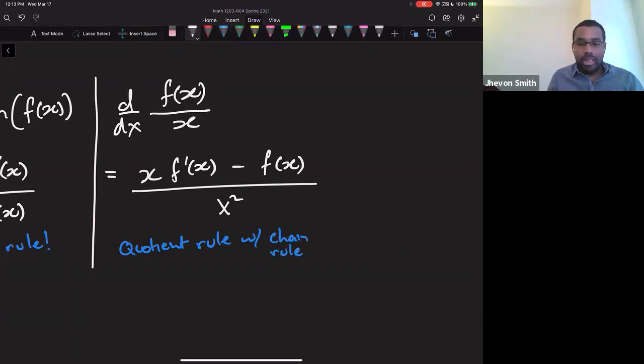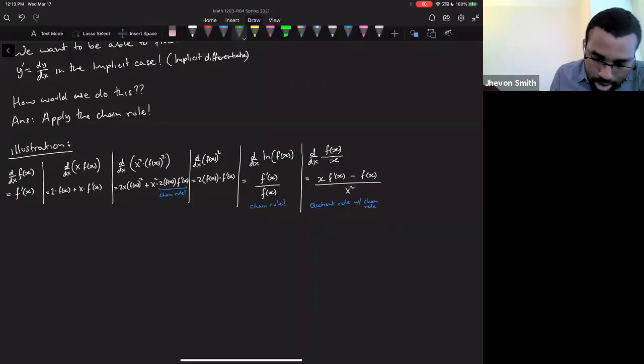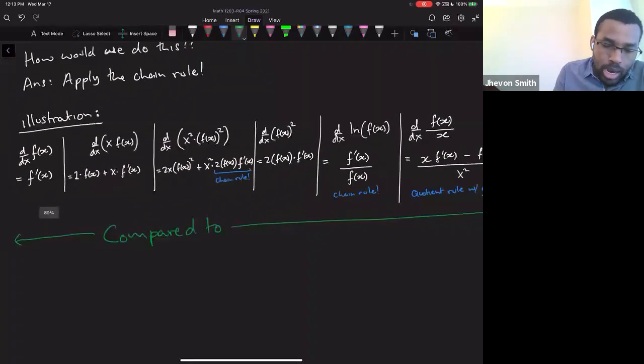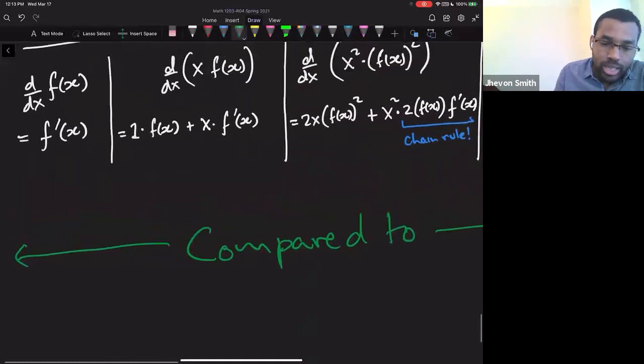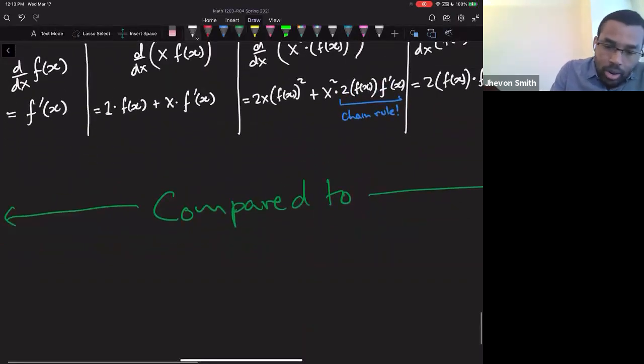So we somewhat have the idea. Now what I want us to do is compare this to a slight change in notation. That's all I'm doing. Nothing is going to really be different.